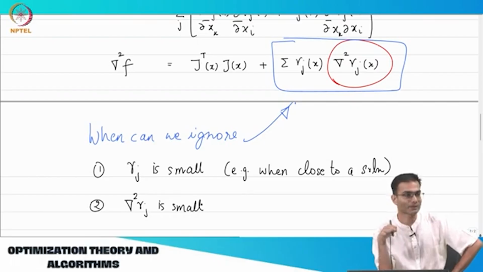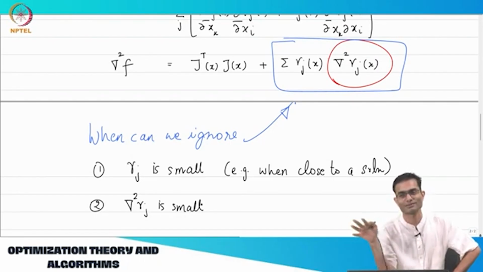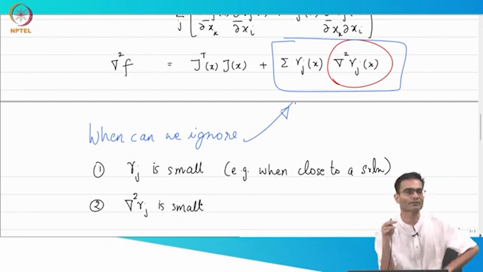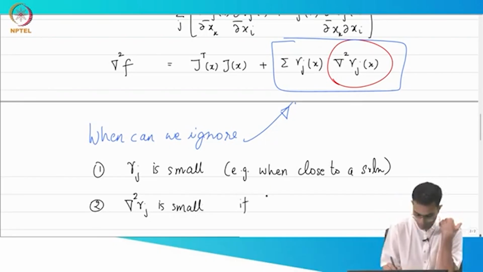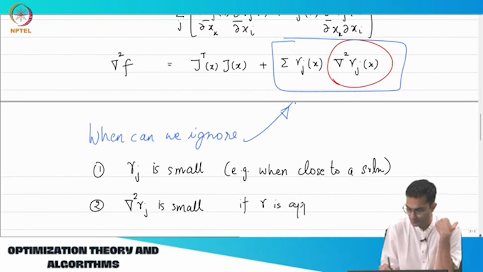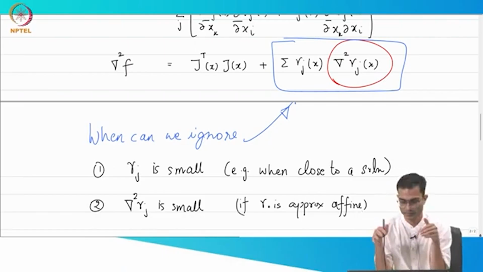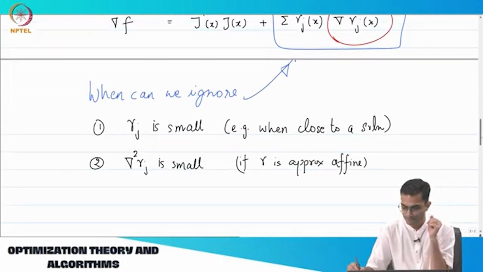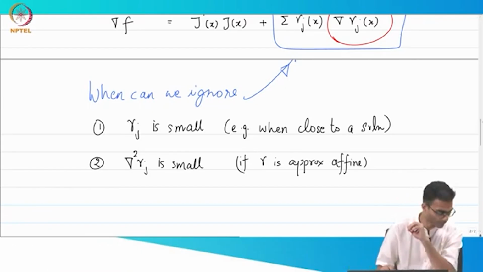If your model was linear, then there is no second order term, that's identically zero. That's the trivial case. But if it were sort of weakly linear, right? So, for example, if r is approximately affine or linear, then the second derivative of it is going to basically be either 0 or very close to 0, right?